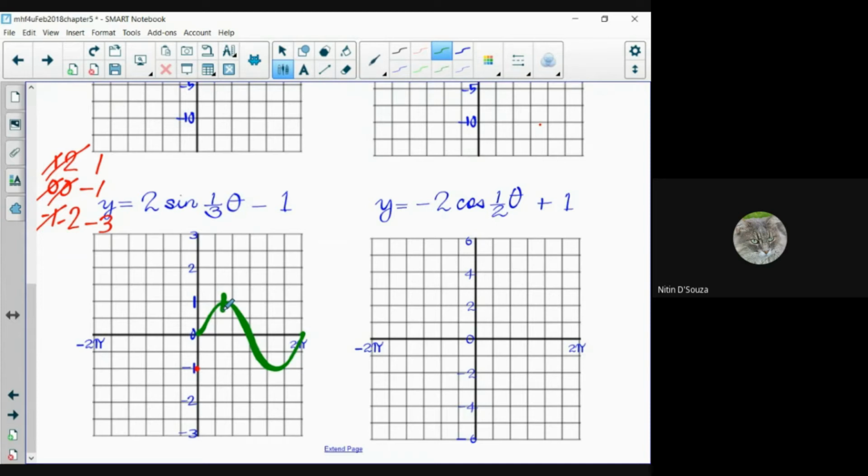Do you see that? Just for the sine theta. But this is 1 over 3, so I've got to take these number of squares and multiply by 3. So the 1.5 point will go 1.5 times 3, 4.5. There's my max.